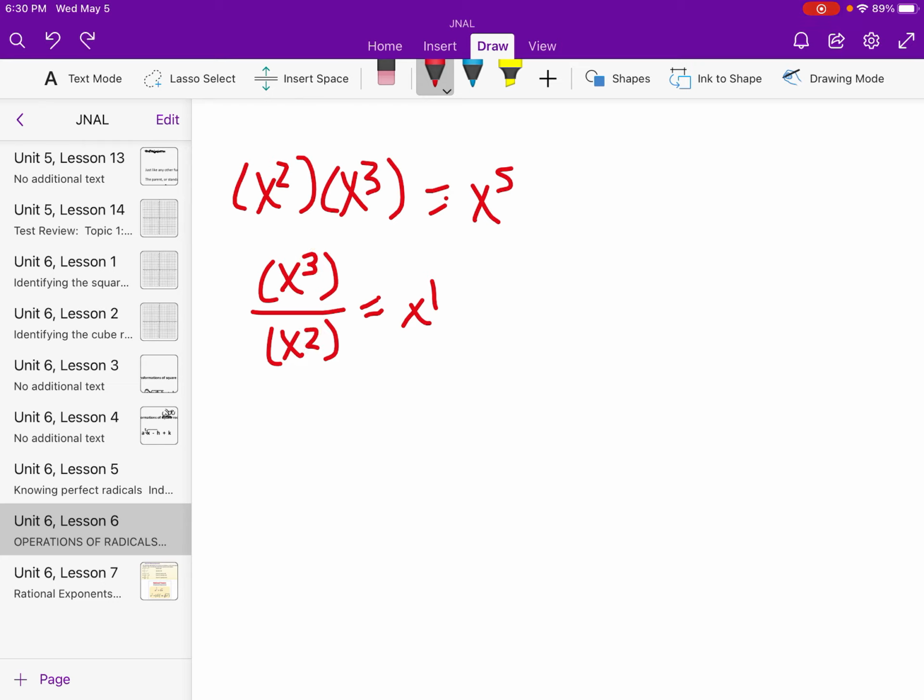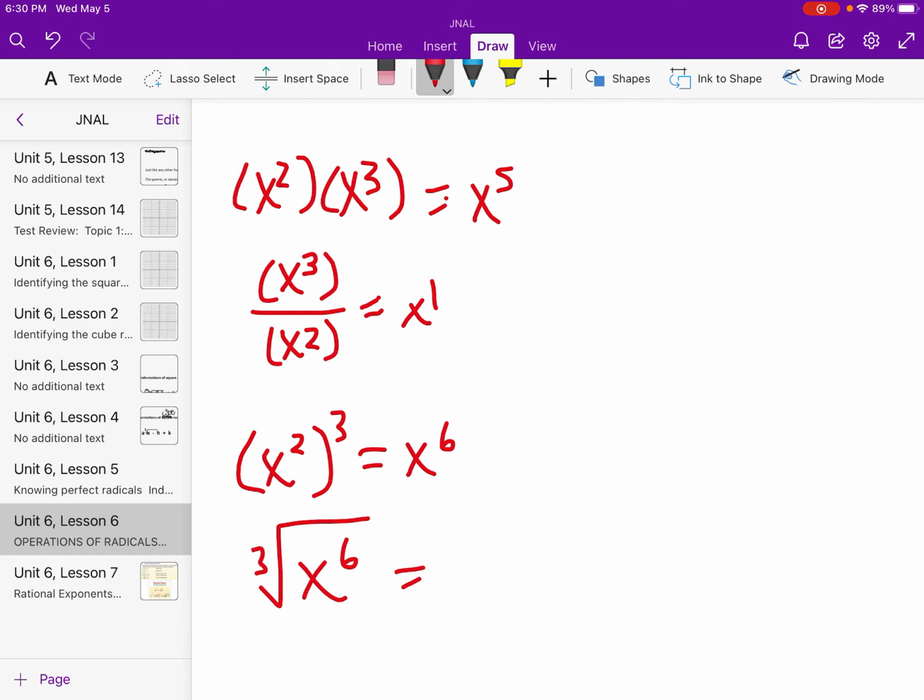And when you have something like this, where we have x, when you are doing an exponent of the base, you multiply the exponents. And when you're doing the square root of a base, you divide the exponents. So see how that works. Here's a case where you add them, where you subtract them, where you multiply them, where you divide them.